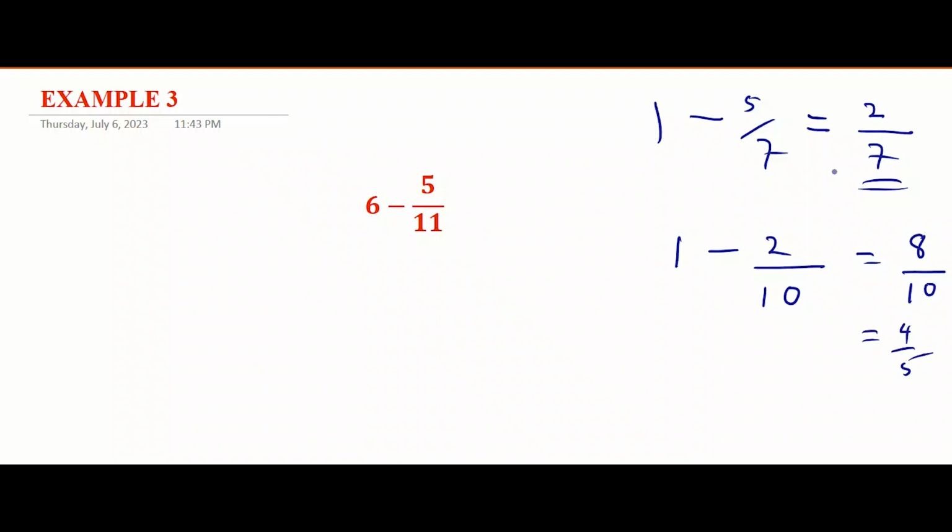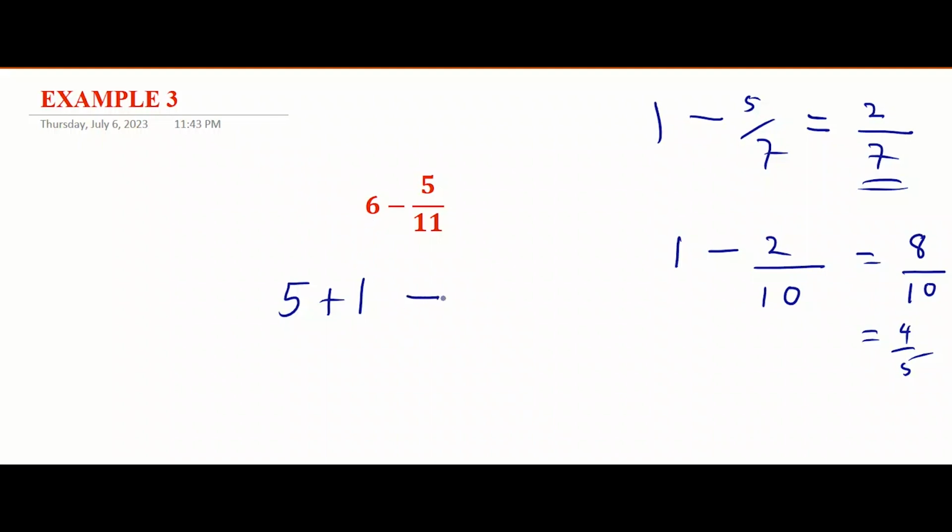So anytime you have either a vulgar fraction or a decimal fraction in terms of a numerator and a denominator, this is the trick to quickly get your answer. So I'm going to use that to solve this question. Instead of having 6 here, I can break it to 5 add 1, which is still the same thing as the whole number 6 here.